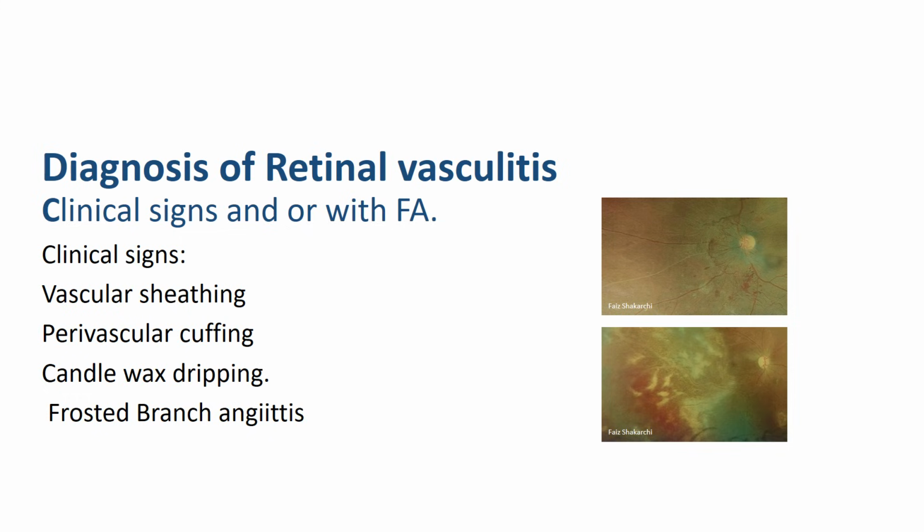While a frosted branch angiitis is a florid perivascular cell infiltration involving the whole branch of a retinal blood vessel, seen in some cases of cytomegaloviral retinitis, retinal toxoplasmosis, and in masquerade syndrome.